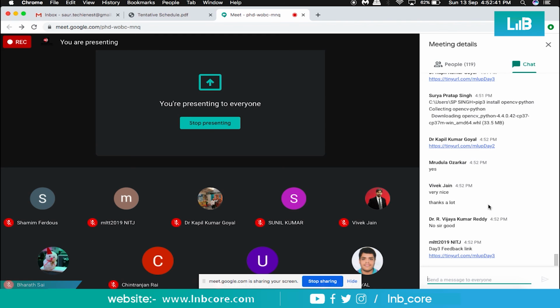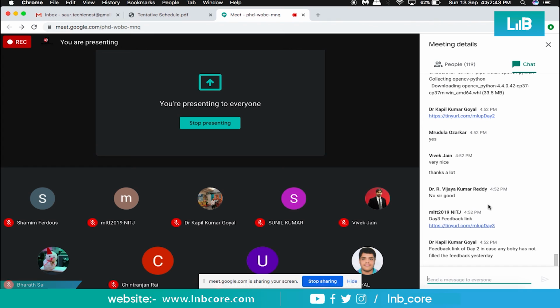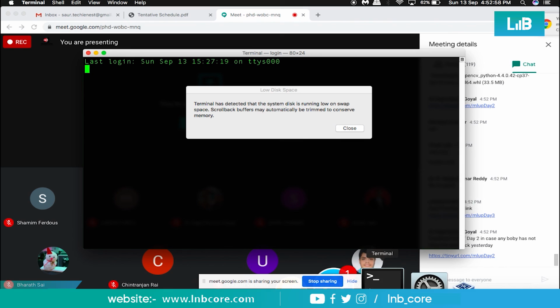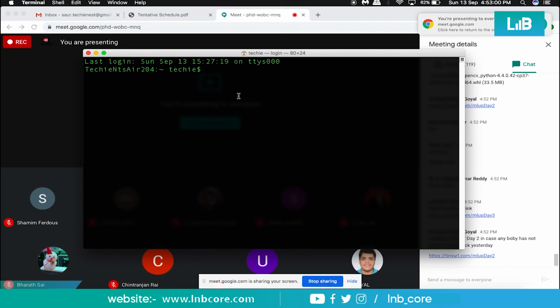One more thing. Whenever you are installing any library in Windows or another platform, please try to open your command prompt with administrator permission. If you are using Linux, please use the sudo command, or for any terminal, you need to go with sudo, like sudo pip3 install.